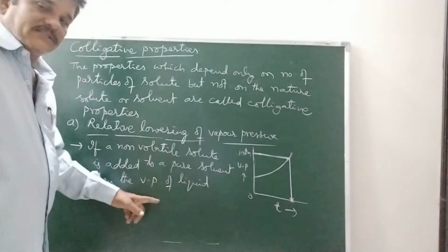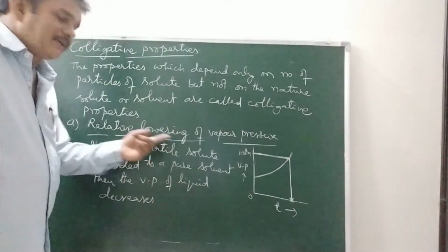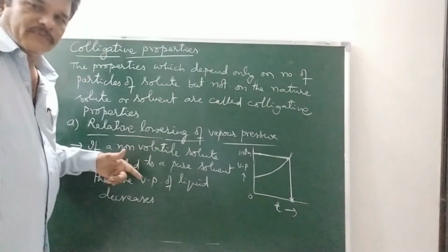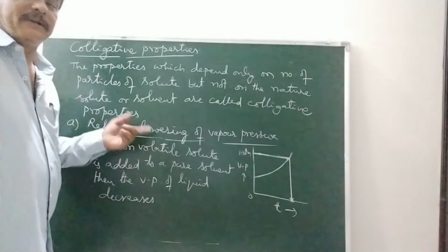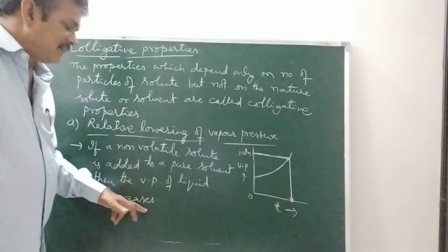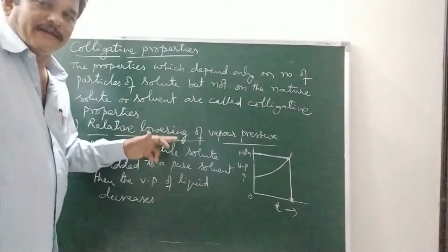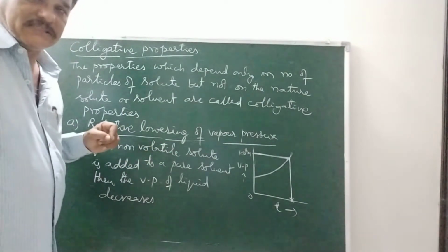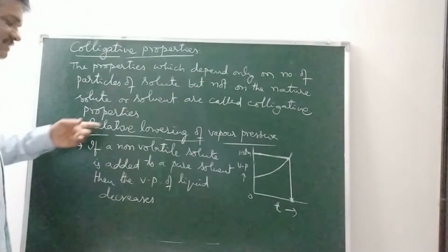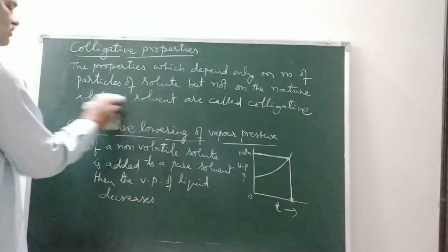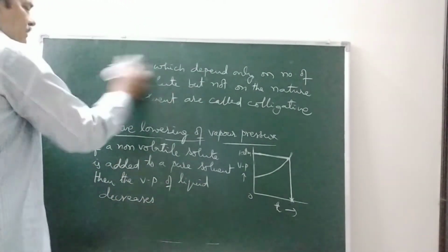Now when this solute is added, that solvent becomes a solution. If we take the vapor pressure of that solution, it will be less when compared to the vapor pressure of the pure solvent. That difference is called lowering of vapor pressure.